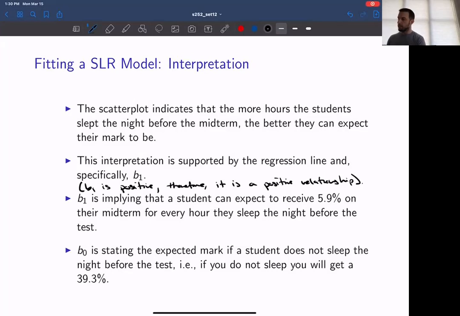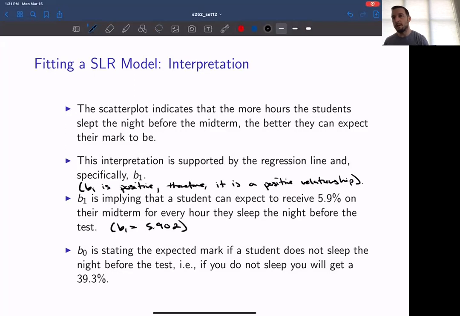Now, in particular, what B1 is telling us is that a student can expect to receive a 5.9% increase on their midterm for every hour they sleep. So recall that B1 was equal to 5.902.